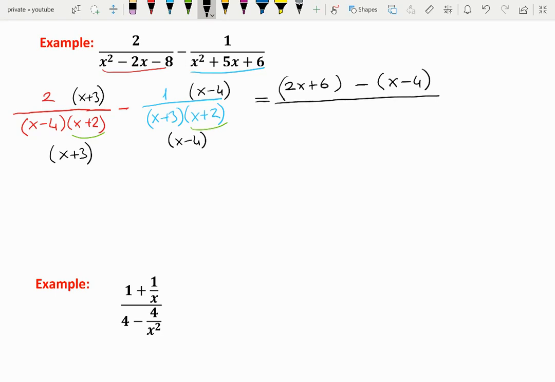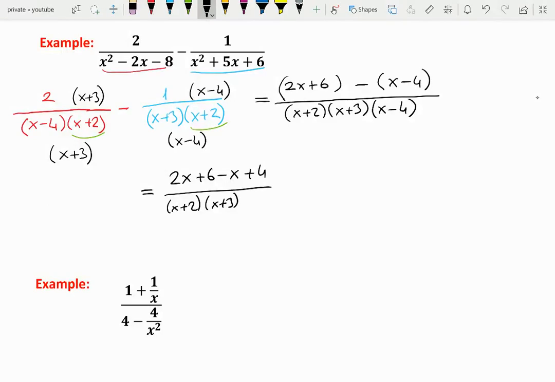In the denominator, I will have x plus 2, x plus 3, and x minus 4. If I write it down again, 2x plus 6 minus x plus 4 over x plus 2, x plus 3, x minus 4.